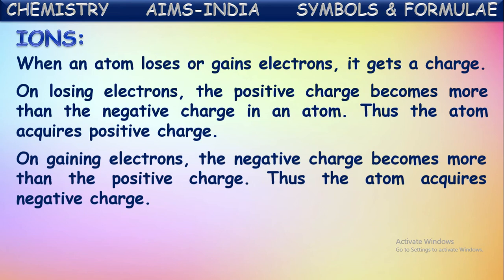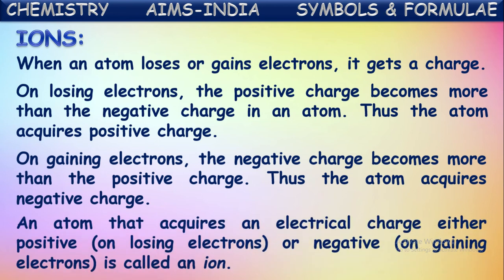By gaining electrons, the number of electrons becomes more, meaning negative charges become more than positive charges, and thus those atoms acquire negative charge. However many electrons are gained by the atom, that many units of negative charge are acquired.